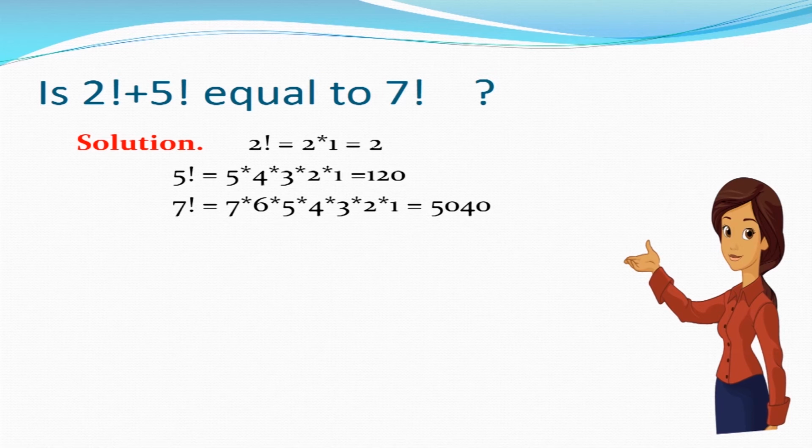So, by substituting the values, 2 factorial plus 5 factorial is equal to 120 plus 2 is equal to 122, which is not equal to 7 factorial, that is 5040.